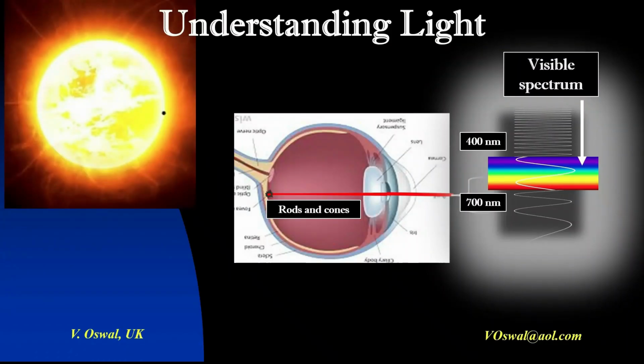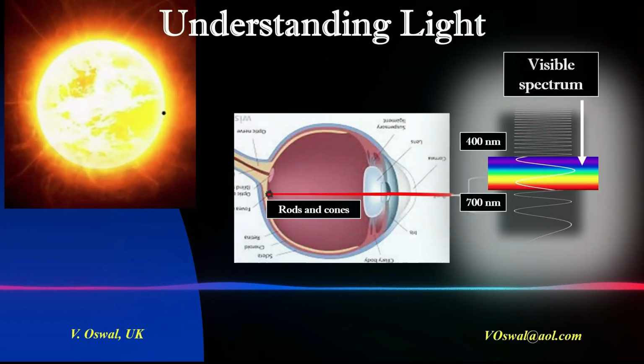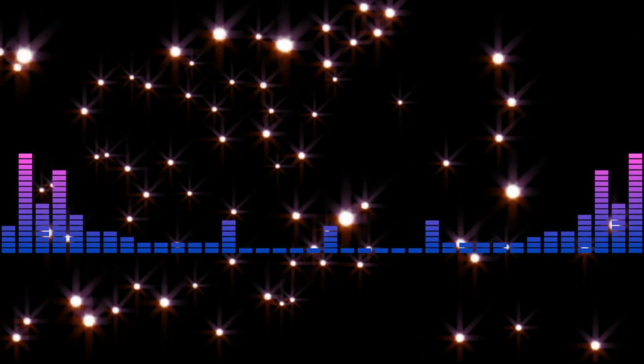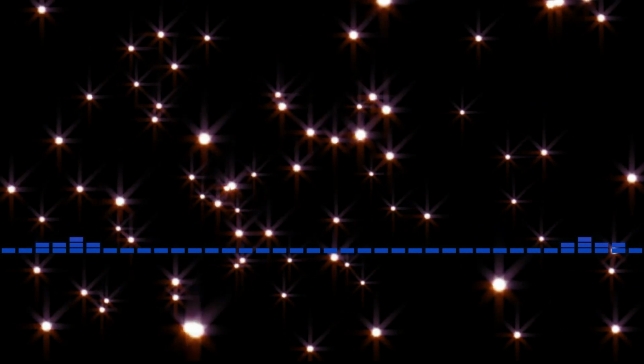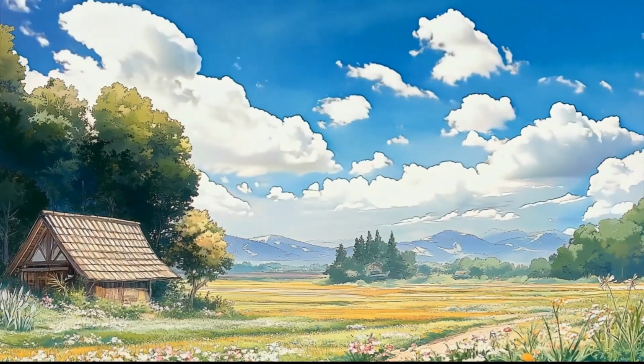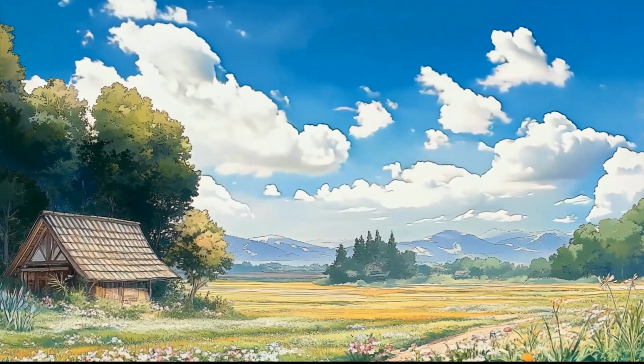Some of them are absorbed by the object, while others are reflected, refracted, or scattered. If these component wavelengths enter our eyes, we perceive them as colors. For instance, atmospheric particles predominantly scatter shorter wavelengths, such as blue and violet, which is why the sky appears blue.